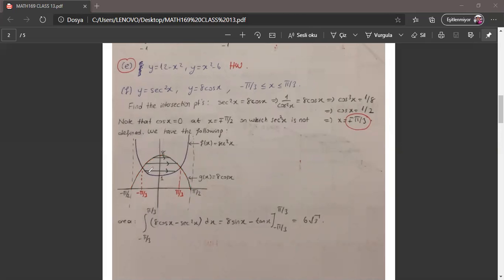So you take that, and you see we have 8 cosine x, right? So we have here 8, that's why we have 8. At 0 cosine 0 is 1, so we multiply it by 8. And this is not cosine x, but 8 cosine x, okay? Sorry, this is cosine x, sorry.